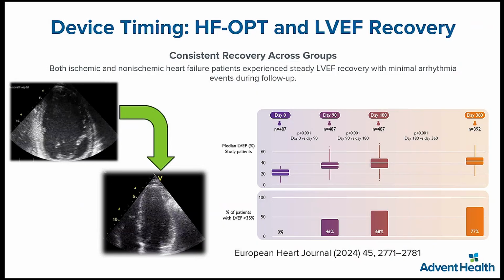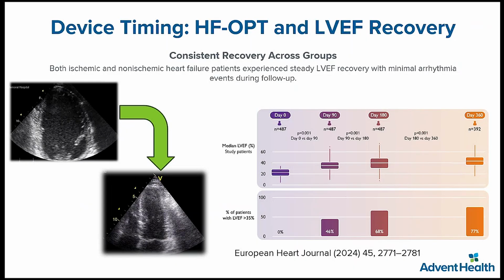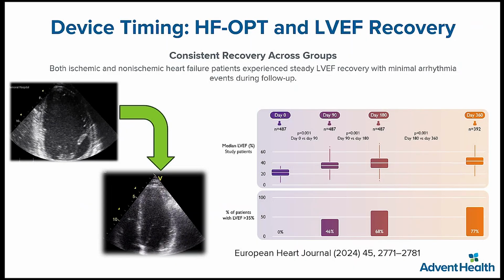And so some of this data that you see here shows that within the prescribed 90 days, 46% of patients will have recovery of their ejection fraction beyond 40%, where they no longer need ICD or CRT.